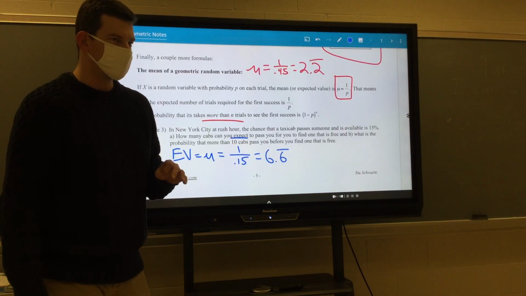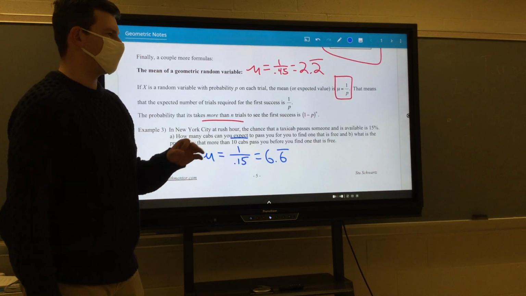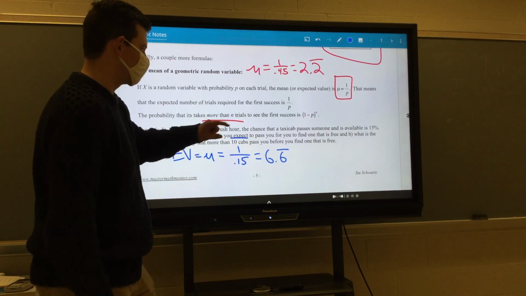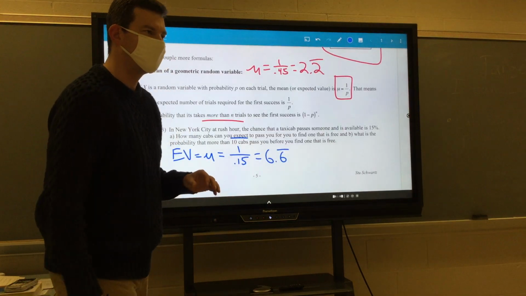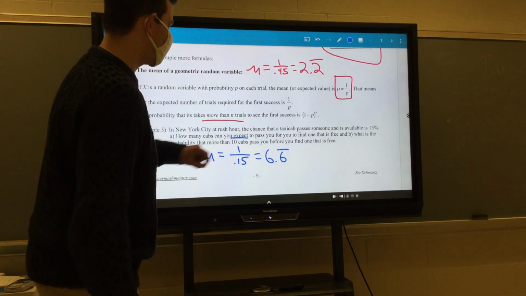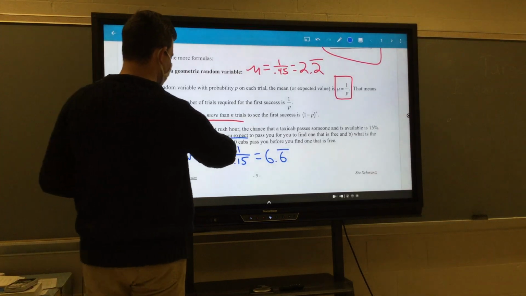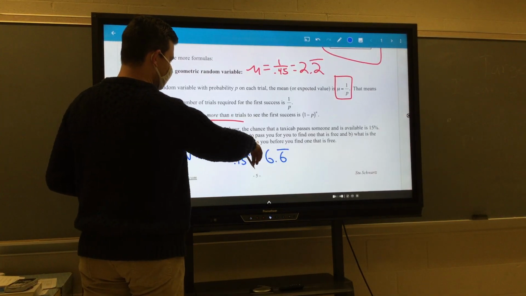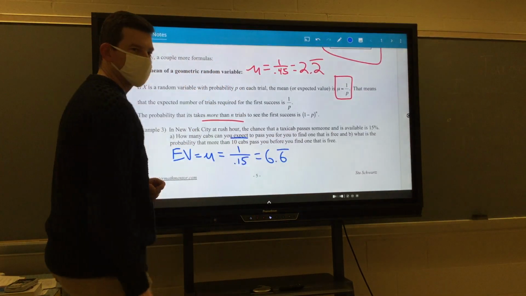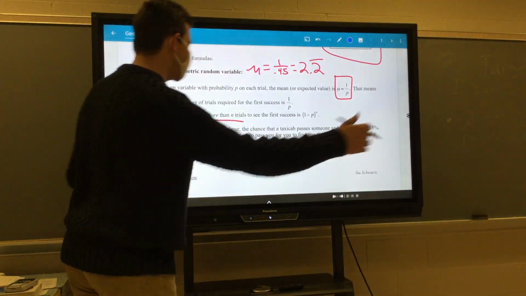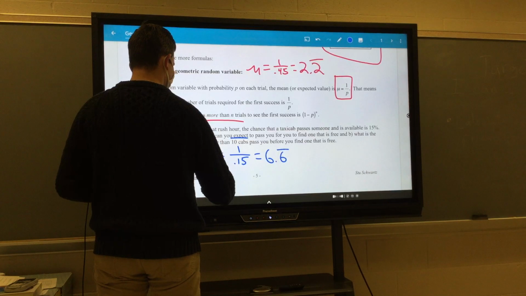Again, we don't care if the cab that's open is the 11th one or the 12th or the 100th cab to come by. This question is just saying, what is the probability that more than 10 cabs will pass before we get that first one that's free? It could be the 11th, it could be the 12th, but we want 10 failures in a row.